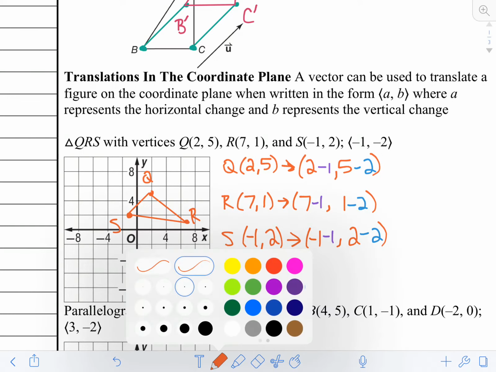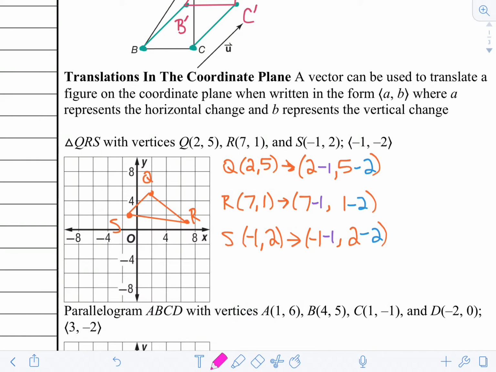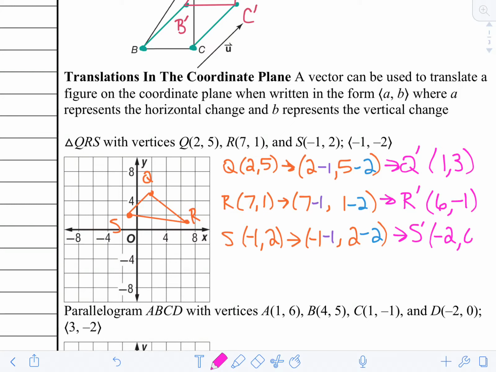Now I'll have new ordered pairs, Q prime, R prime, and S prime. 2 minus 1 is 1, 5 minus 2 is 3. 7 minus 1 is 6, 1 minus 2 is -1. -1 minus 1 is -2, and 2 minus 2 is 0.